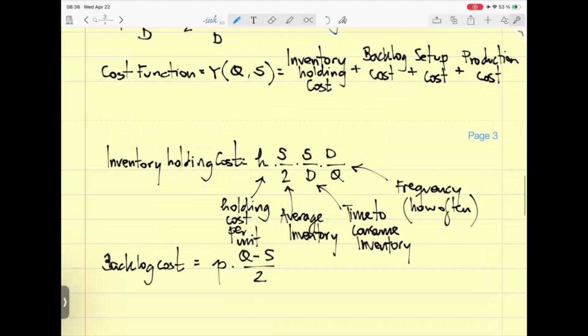Times the average backlog, times the frequency again, same thing.